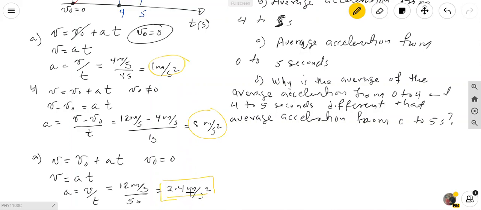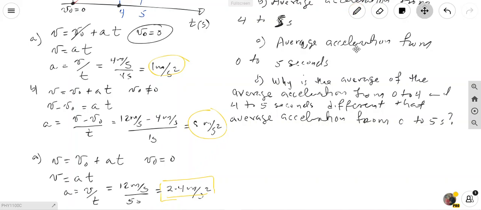So why does this happen? Why is the average of the average acceleration from 0 to 4 and from 4 to 5 different from the average acceleration from 0 to 5? It's basically because we cannot calculate the average acceleration from 0 to 5 as the average of the average accelerations from 0 to 4 and from 4 to 5, because of the slope of the line.